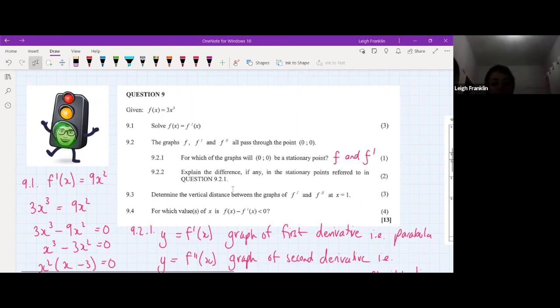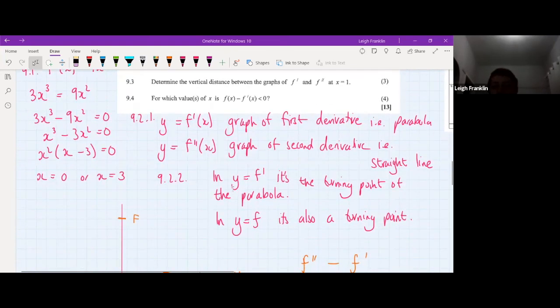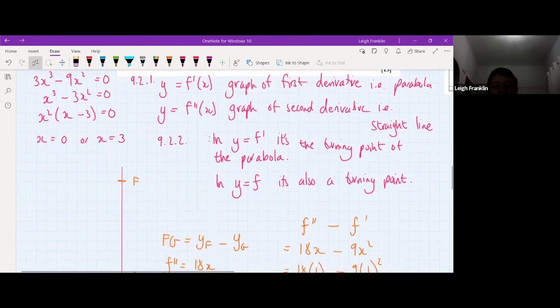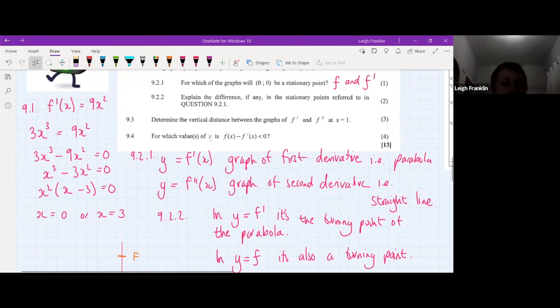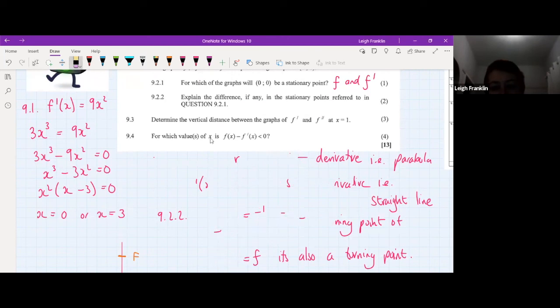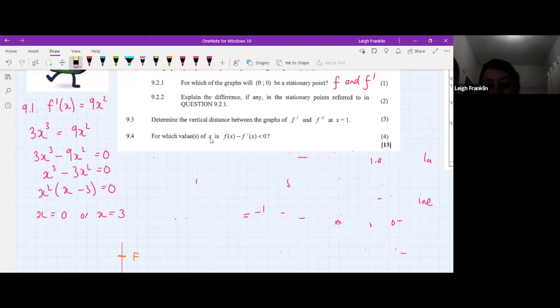Good stuff. Now, the last question is an inequality. For which values of x is f of x minus f prime of x smaller than 0? Just to make things easier for all of us, I'm going to rub that out and write it here, because if you want to come back and watch these videos again, you've got all this information anyway.